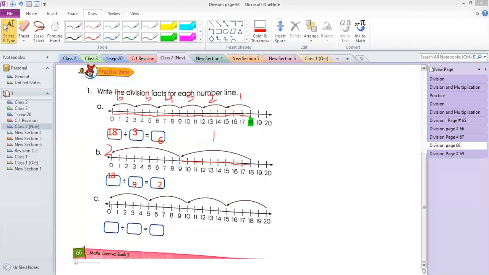This is again a number line from 0 to 20, and you have to tell me the dividend. Which number is divided? You have to write the division sentence. So please tell me the dividend, guys. And you have to write your answer only one time. Some students are repeating again and again. Don't type it again and again.